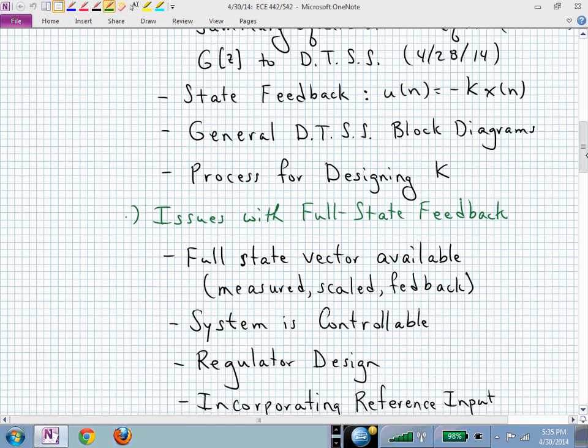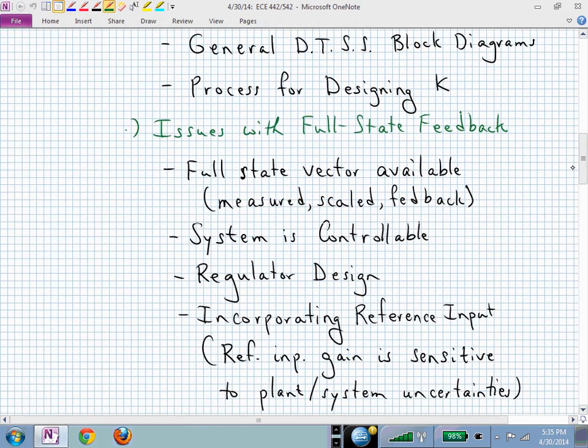We'll go through the process of designing this full state feedback gain matrix, capital K, which, if it was a 10th order system and we had one input, would be a row vector that's one high, it has one row, and it has 10 columns wide. That would be our K matrix, and we need to find the 10 entries in that K matrix.